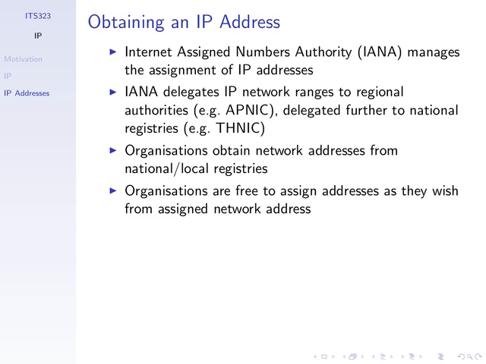In Thailand, THNIC. This organisation is the organisation you may go to if your company wants a range of IP addresses. More specifically, you want to attach a network to the internet, you need a network address, such as 96.164.0/20. This is assigned to you by one of these national authorities.